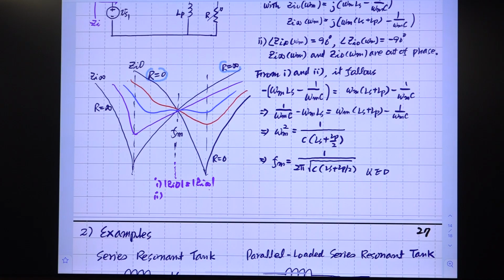In detail, the phase of this thing is minus 90, and the phase of this, the input impedance at the other extreme condition, is 90 degrees, so they're out of phase.